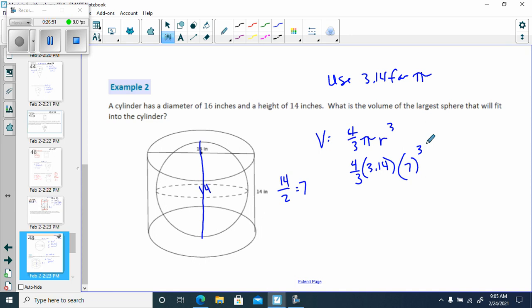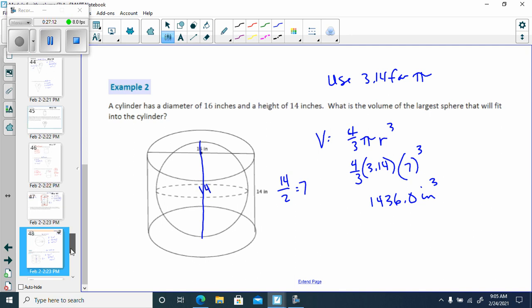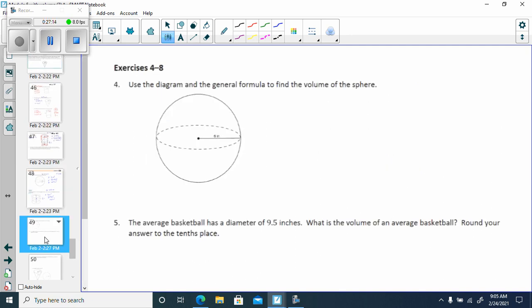And you would get 1,436.0 cubic inches, okay? All they used the cylinder for was to determine how big a diameter you could have for the ball. That's why you didn't have to do any calculations with the cylinder, okay?